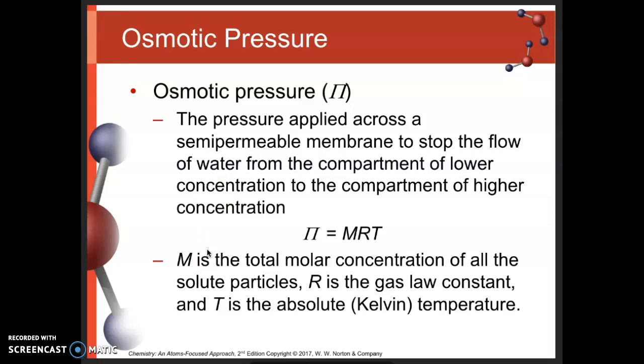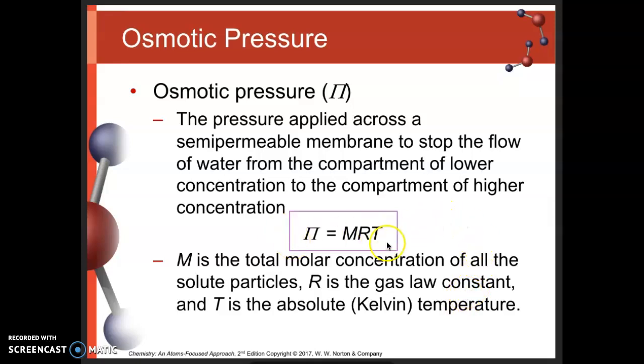What we can see also here is that we have an equation that allows us to quantify that osmotic pressure, where the osmotic pressure is equal to the molar concentration times R, which is the universal gas constant. We'll talk about that more in a second, and T, the Kelvin temperature.